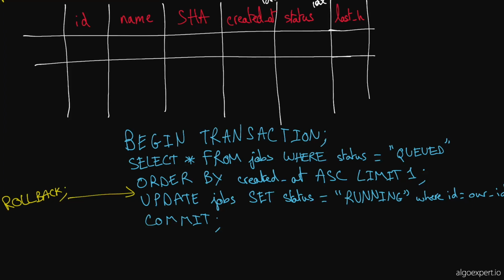And if you found one, then you update it back to queued so that it just goes back to the queue. And since it still has the created at timestamp, whatever the original timestamp was, we're good. That sounds good. That's exactly what I was looking for.